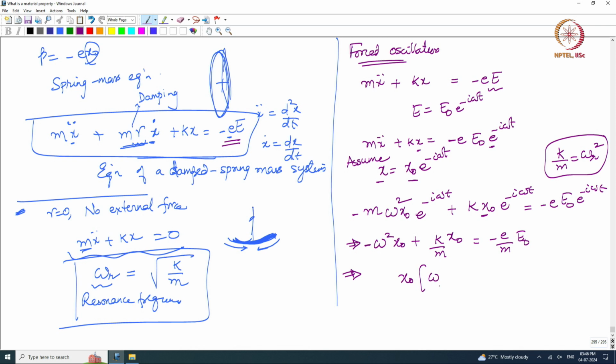So, x naught times omega r square minus omega square equal to minus e by m E naught, or x naught equal to minus e by m E naught divided by omega r square minus omega square, right. So, this is the amplitude of oscillation, right.